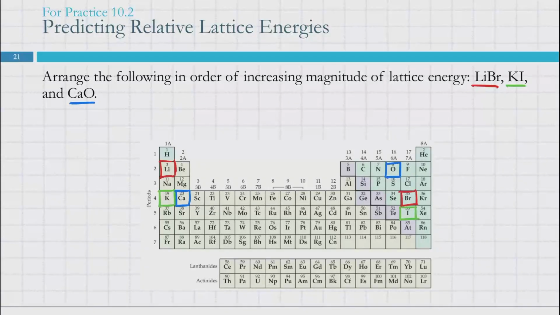We've got 3 different ionic compounds. We've got 2 trends. We've got to use our 2 trends to figure out our ordering for these 3 ionic compounds. What's one of our trends? What's something that affects lattice energy? Radius.